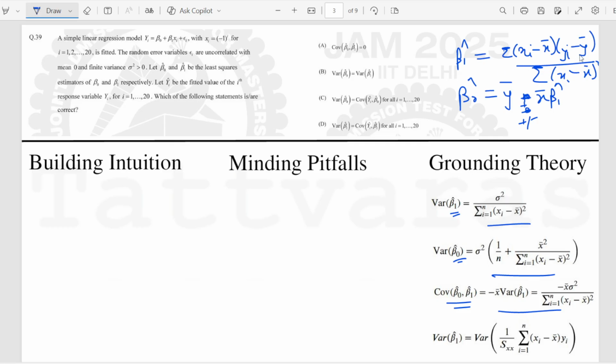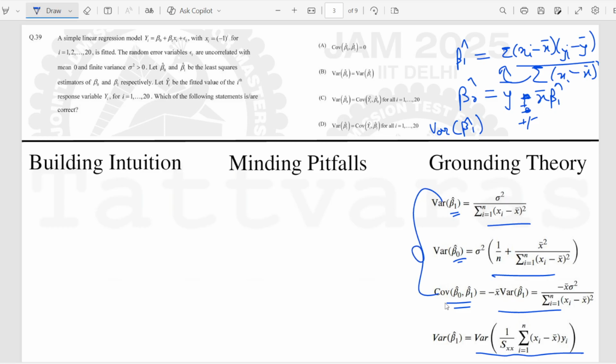Then if you have the form, you can on the spot derive the variance of beta 1 hat, because when you take the variance, this thing comes out of the variance. You can also come to the derivation in a PSB like question if needed, but it's always good to know these formulae.